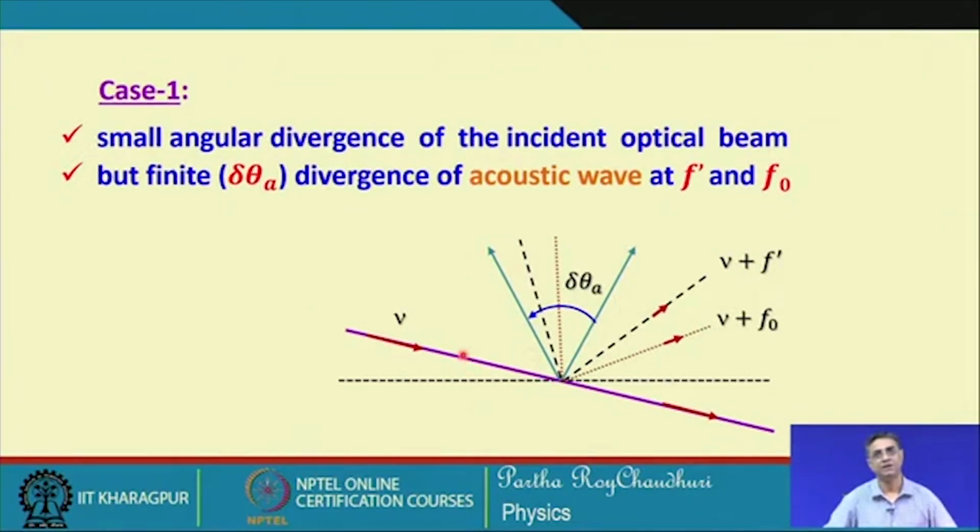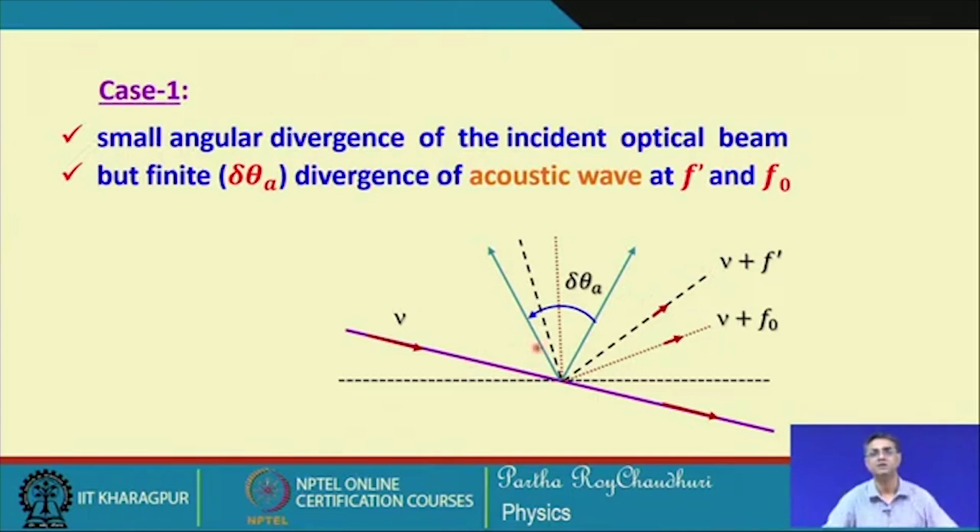You have one direction of the optical beam for which one frequency component of the acoustic wave will give you the Bragg condition, and there is another plane wave component of the acoustic wave which will also give you the Bragg condition. Up till here this is now very clear.